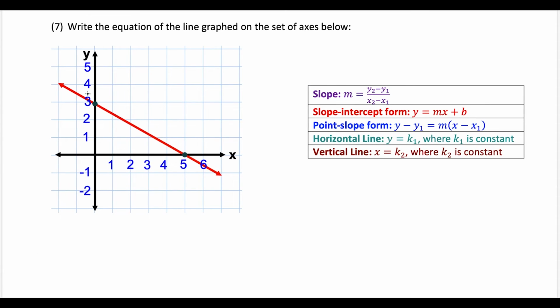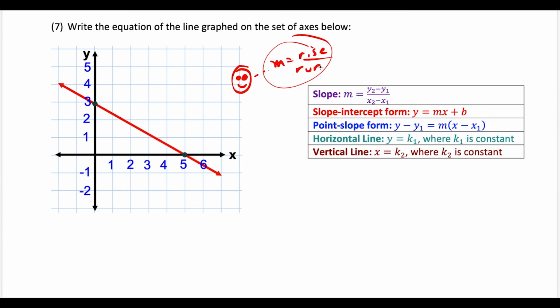The last case I want to look at is when you're given a graph of a line and you have to find the equation of the line just based off its graph. Notice that this is not a vertical or horizontal line. It has an actual non-zero slope. There are a few ways to go about this, but when I'm thinking of slope on a graph, I like to think of slope as rise over run.